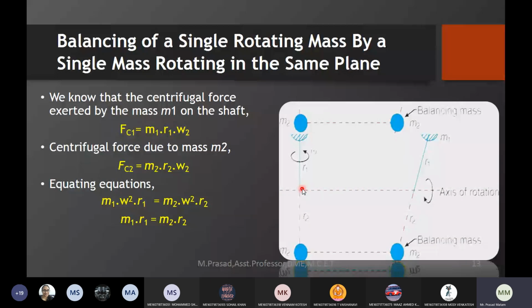In that, I am having one disturbance mass only. This one disturbance mass is to be balanced with only one mass. My condition is that on the axis of rotation of the shaft, I am having one disturbance mass, and this disturbance mass should be balanced with only one mass.